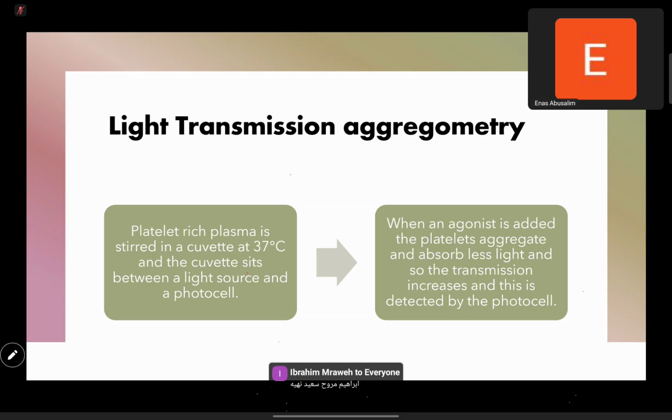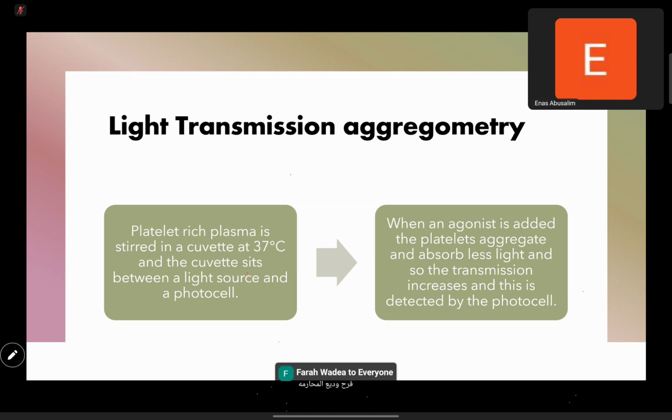Now we add to that platelet-rich plasma sample. If you have a platelet-rich plasma, it's usually not see-through from the tube because it's very turbid. There's a lot of platelets in it. We add to those platelets an agonist. An agonist is basically something that stimulates platelet aggregation.